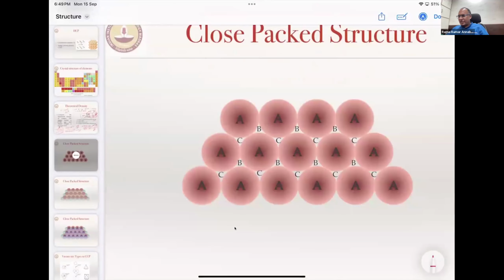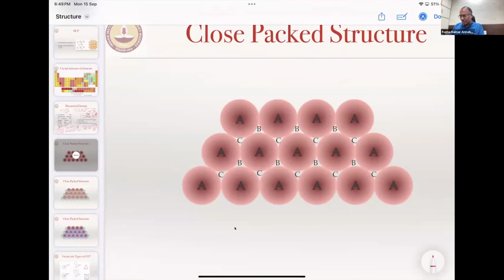So in the next 10 minutes, we will quickly see how to develop these close packed structures. So let us say you have 3 layers. First you have kept in this fashion the close packed plane, where atoms are sitting at A positions, centers.